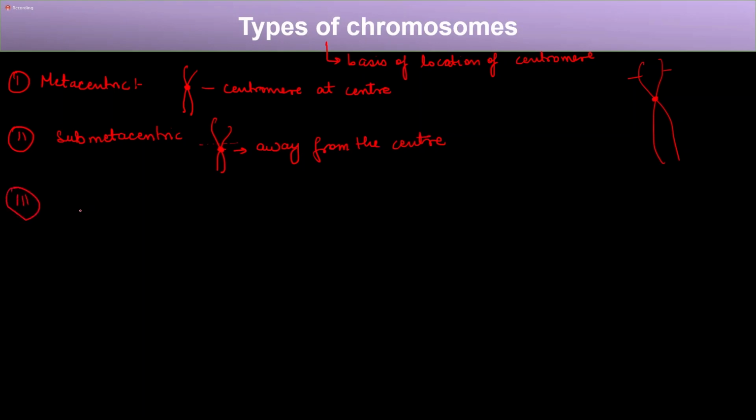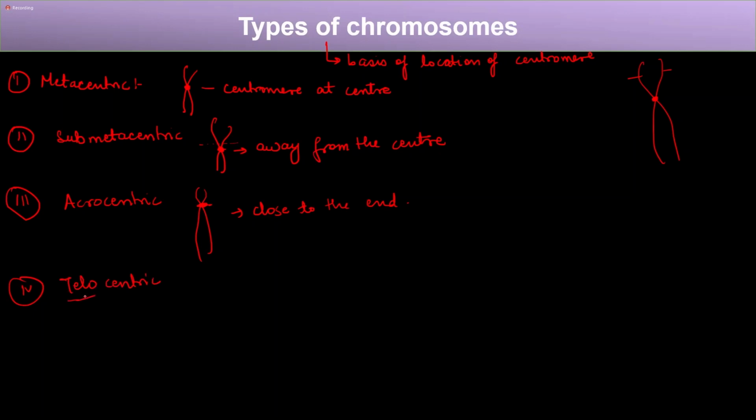The third type is acrocentric. In the case of acrocentric, the centromere is located close to the end. So this is called acrocentric. And fourth is telocentric. Telo comes from telomere, right?